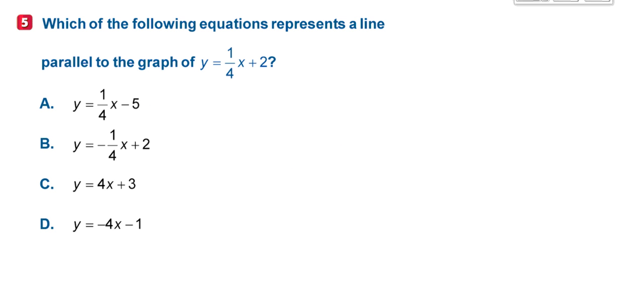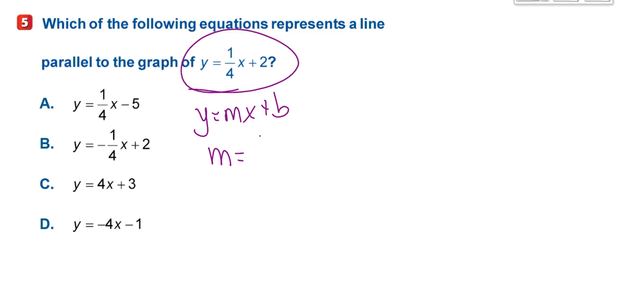The next one says, which of the following equations represents a line parallel to the graph of y equals 1/4 x? So this is our original equation there, and so that's y equals mx plus b. So m, our slope, is 1/4, and remember we want something parallel, so our parallel m is also 1/4.